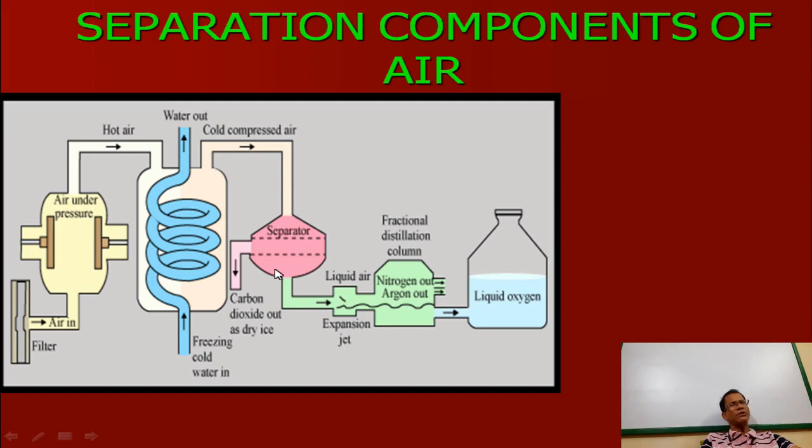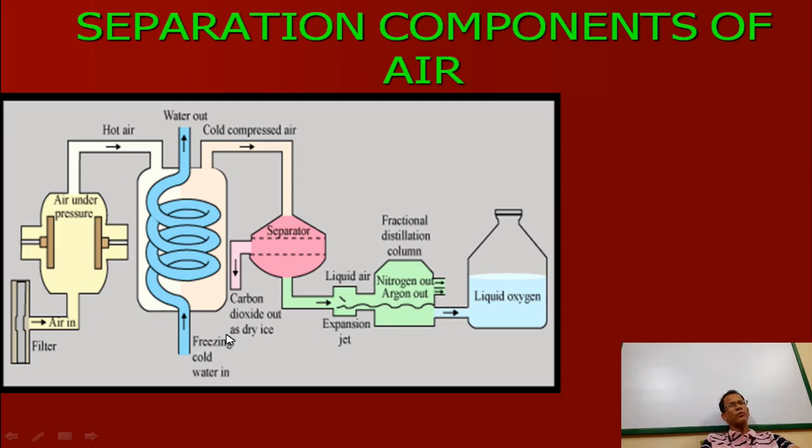In the chamber, first carbon dioxide will be separated in the form of dry ice, because its boiling point is high compared to the others, so it will be separated first.